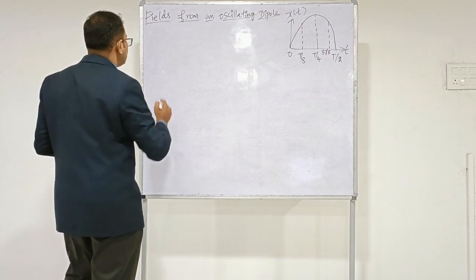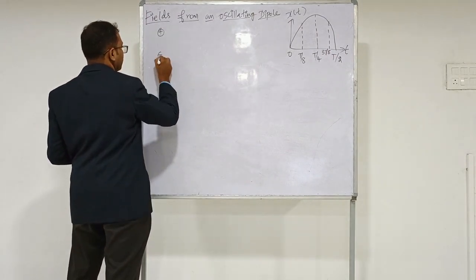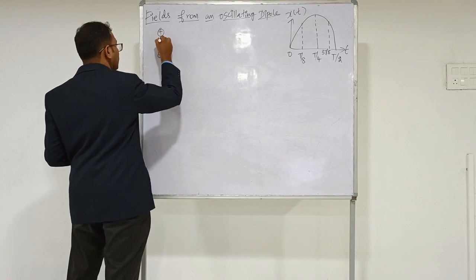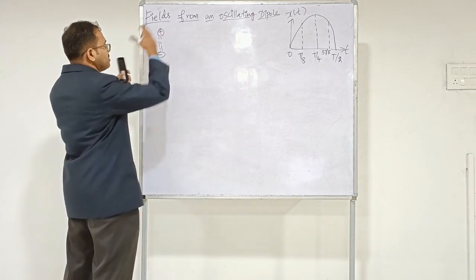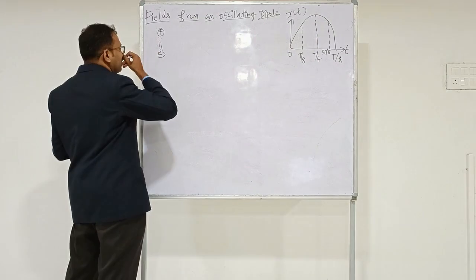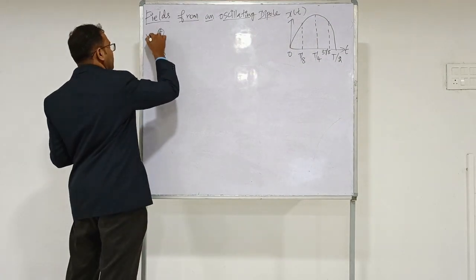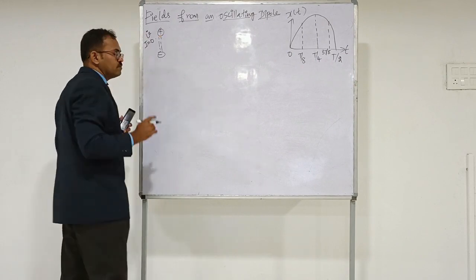So now let me consider two charges which are at maximum separation. Since the charges are at maximum separation initially, they will undergo maximum acceleration. But what about current? Current is 0.